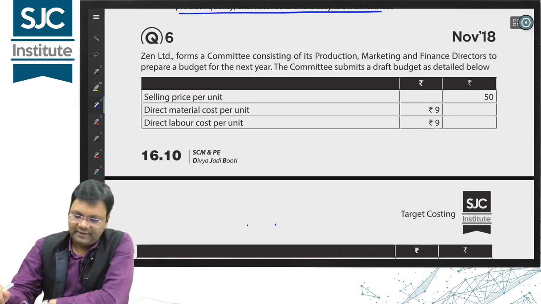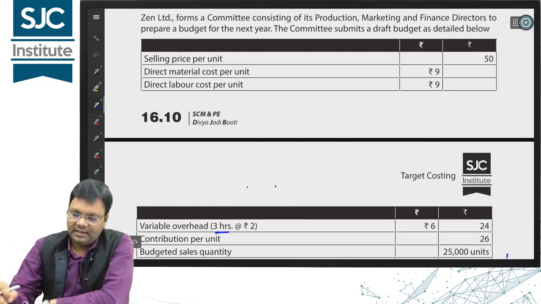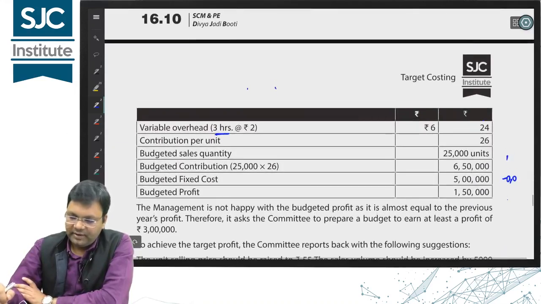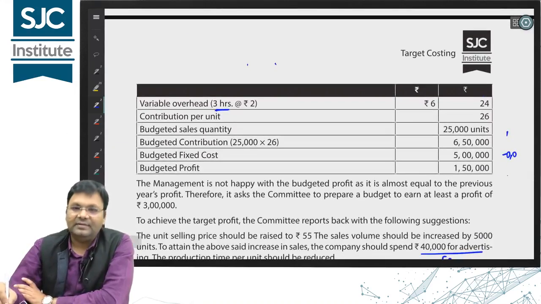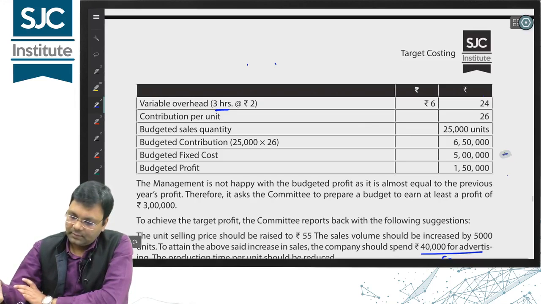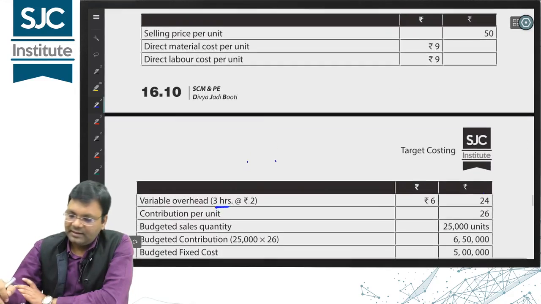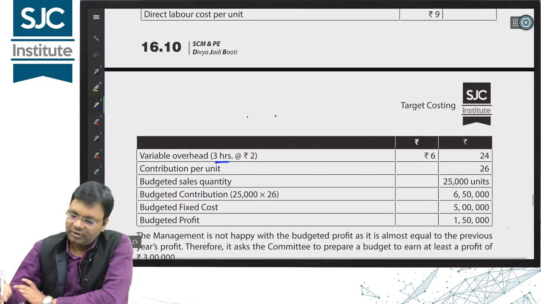Selling price 50, material cost per unit is 9, labor cost per unit is also 9. Variable overhead is 3 hours at the rate of 2 rupees, 6 rupees. So total is coming 9, 9 and 6, 24. Contribution per unit is 26.